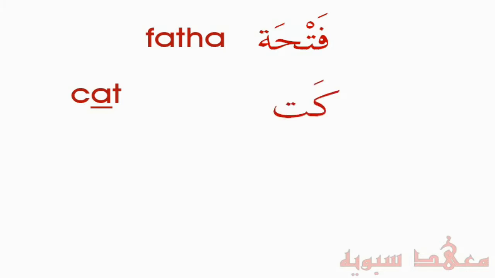Now I've transliterated cat into Arabic, so we have the kaf here, which makes the k sound, and then we have the ta, which is equivalent to the t in English. So this says cat. So notice the vowel is on top, not after it, as in cat.